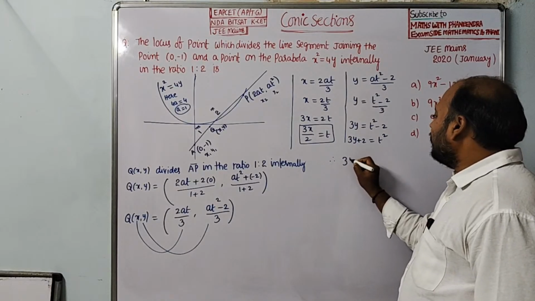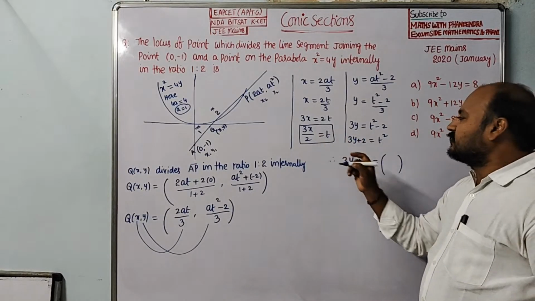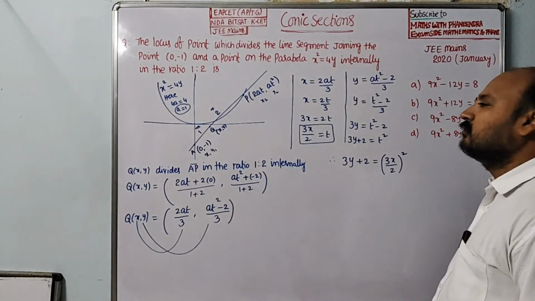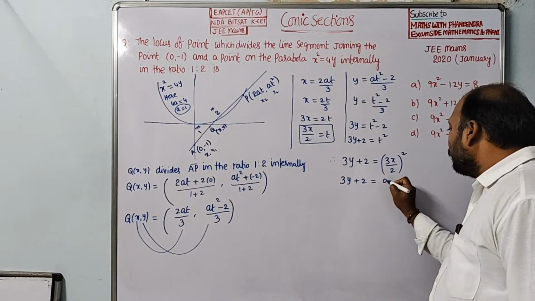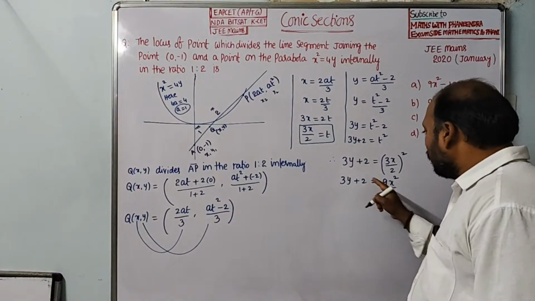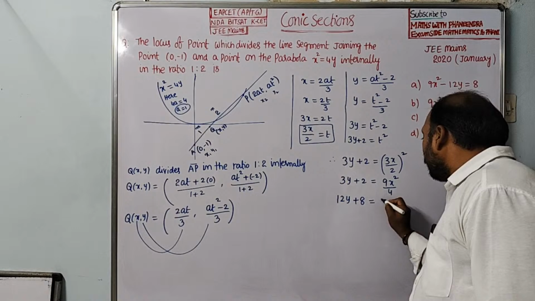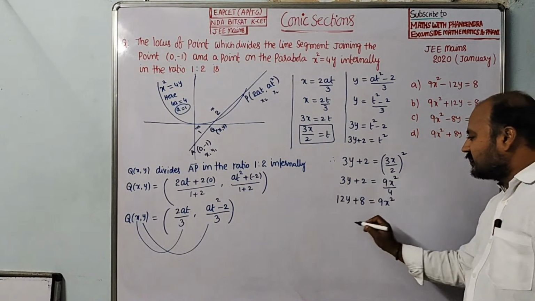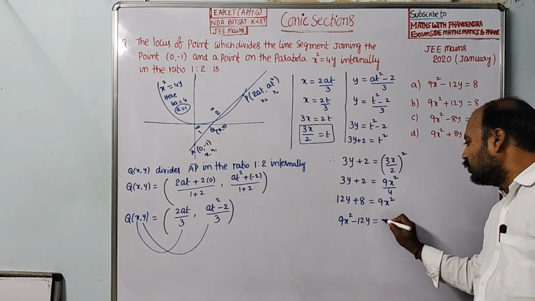Therefore, to get the required locus, 3y plus 2 equals, in place of t, replace with (3x by 2) whole square. So 3y plus 2 is equal to 9x square divided by 4. Cross multiply: 12y plus 8 is equal to 9x square. According to the question, bring 12y to this side: 9x square minus 12y is equal to 8.